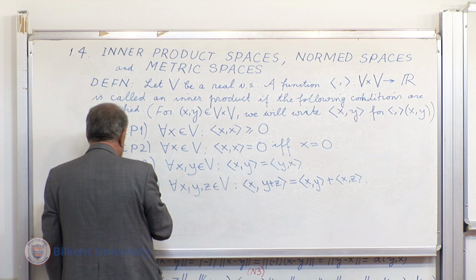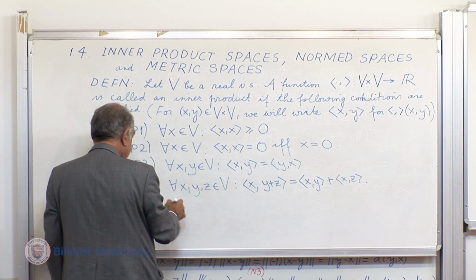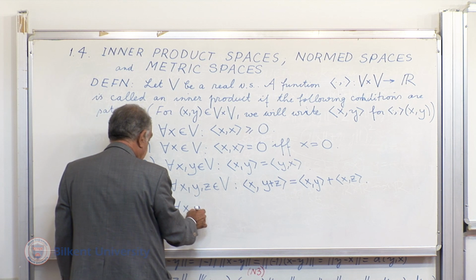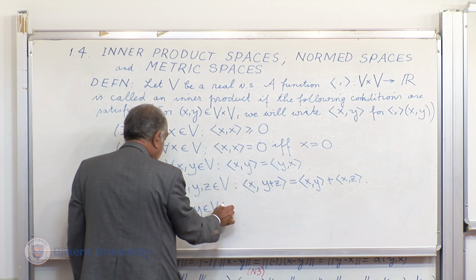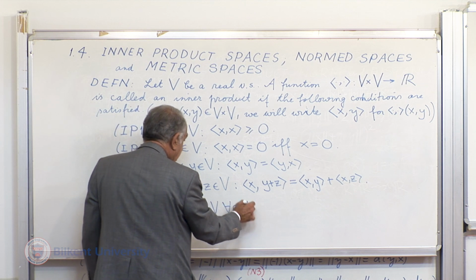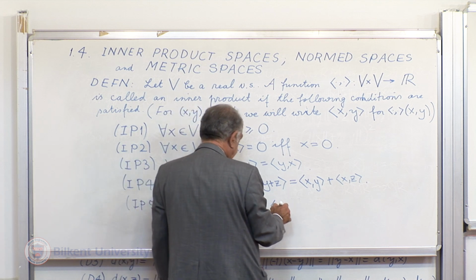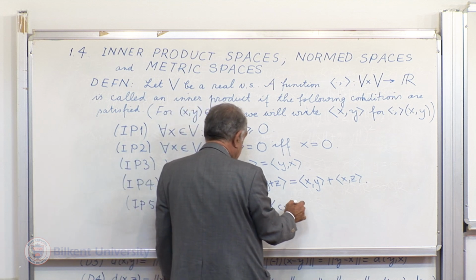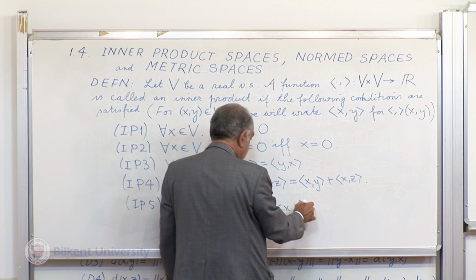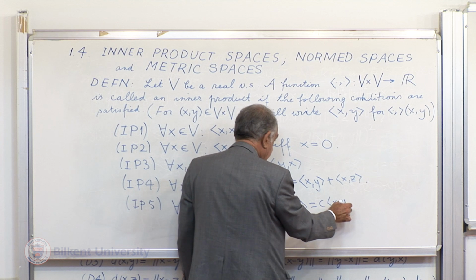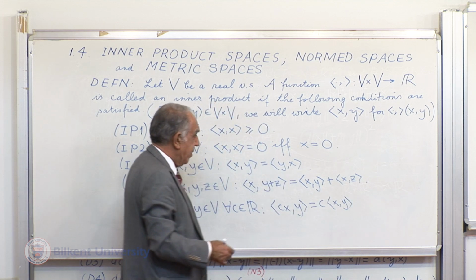Finally, IP5, for all xy in V and for all real numbers C, the image of Cx and y is equal to C times the image of xy.